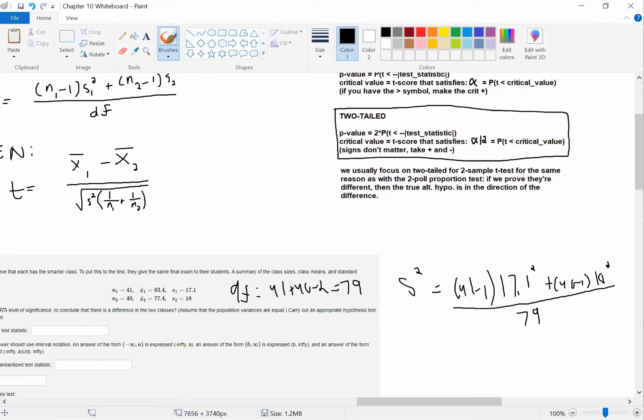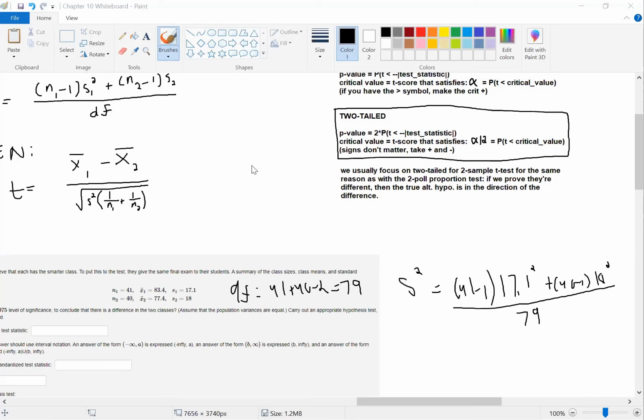I think it was 40 and then 41. Oh, wrong way. You didn't see that. And then we had 17.1 and then 18. And now we have 79.